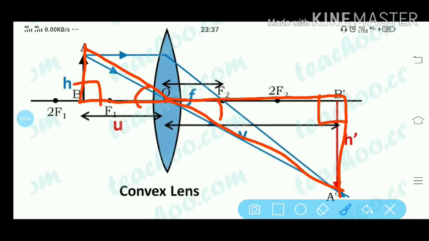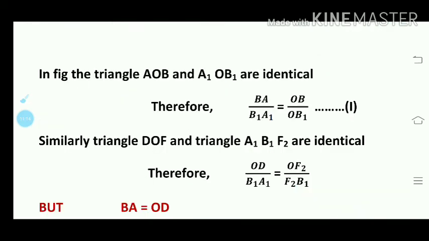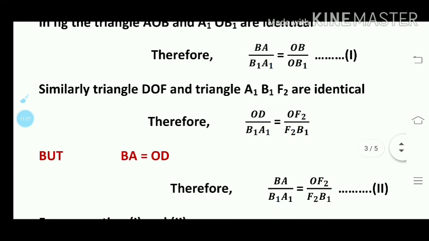Hence we can write that triangles ABO and A1B1O are similar. Therefore we can write BA by B1A1 is equal to OB by OB1. Similarly, triangle DOF2 and triangle A1B1F2 are similar. Therefore we can write OD by B1A1 is equal to OF2 by F2B1.